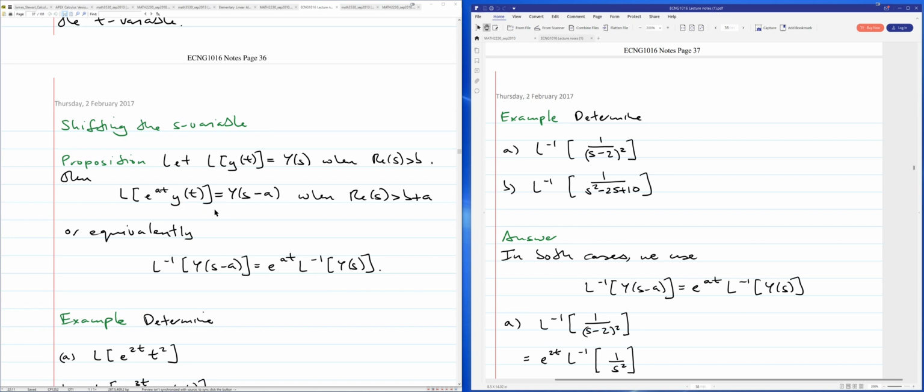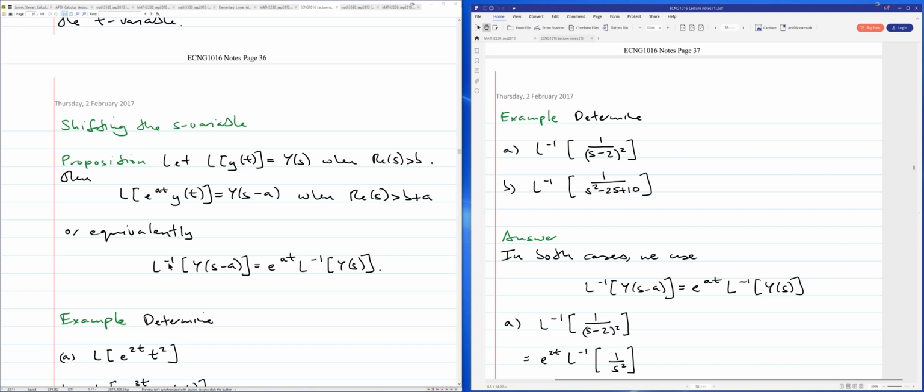So for shifting the s variable, we have two formulas: one for when we take Laplace, and one for when you take Laplace inverse. We just saw examples of using the first one when taking the Laplace transform. Now let's look at this one for the Laplace inverse. How do you read this?